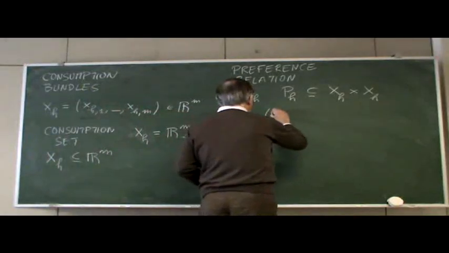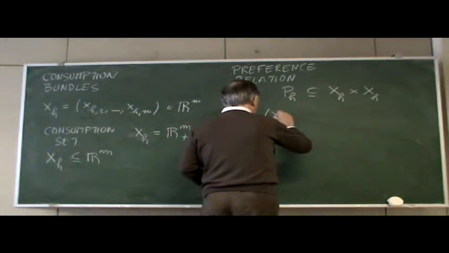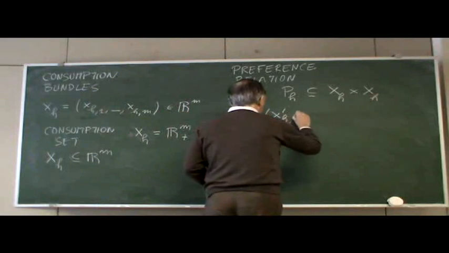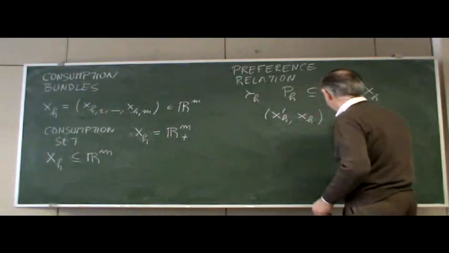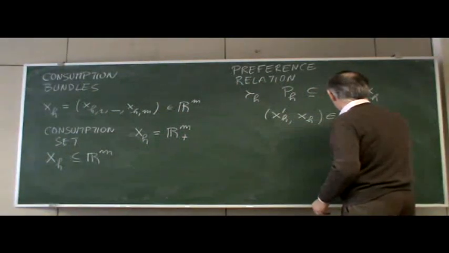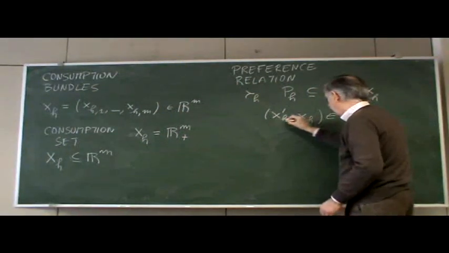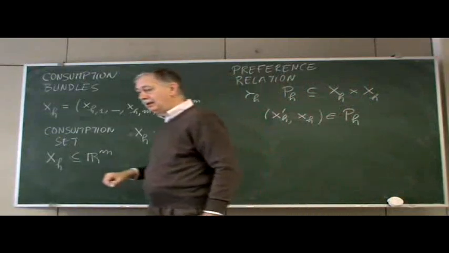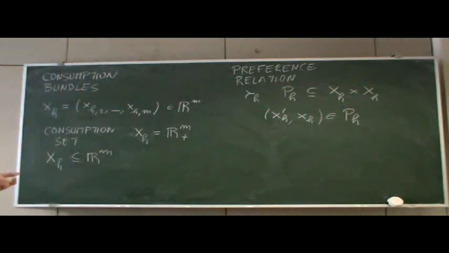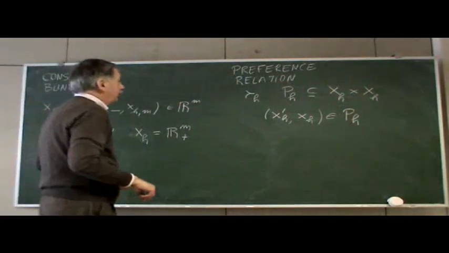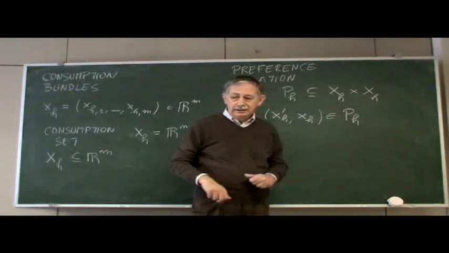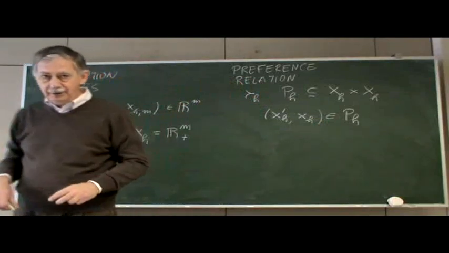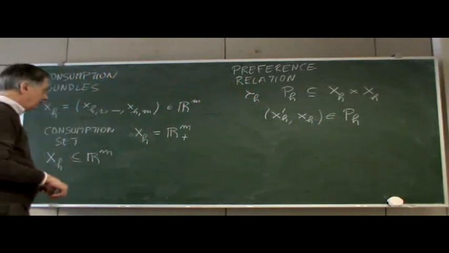We shall say that the consumption bundle X prime H is preferred to XH if and only if this pair, this couple, belongs to PH. Is it clear? This is a more correct mathematical notation for a binary relation.